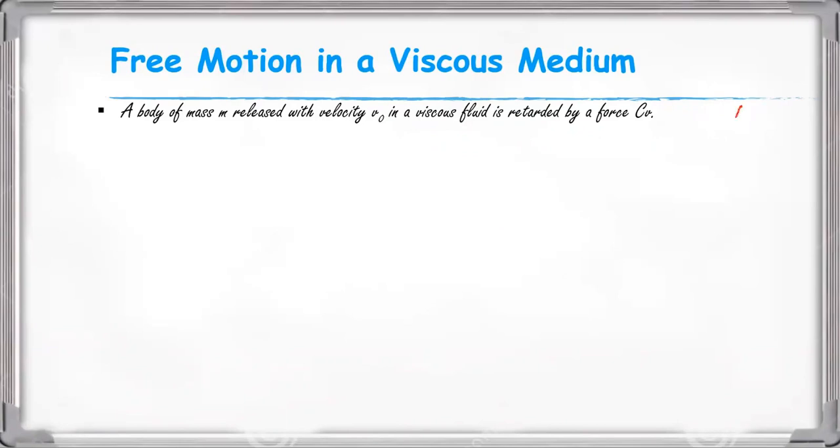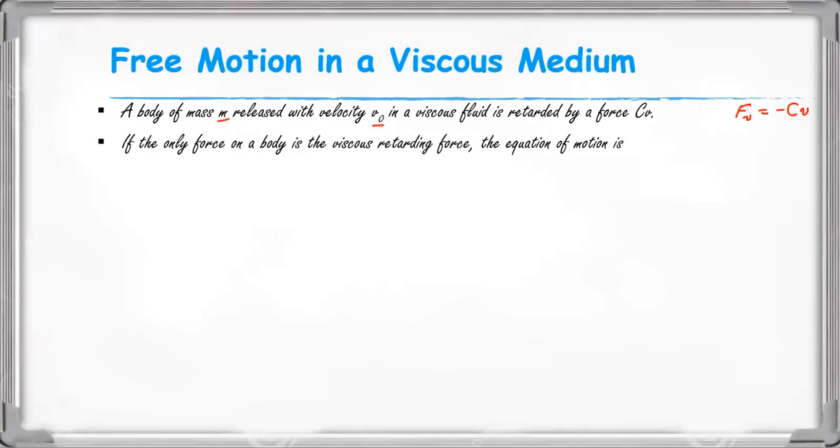So here we can write the force is equal to minus C into V. The negative sign indicates that it opposes the motion, then retardation occurs. And here we consider a body of mass m, released with a velocity v0. Initial velocity is v0.